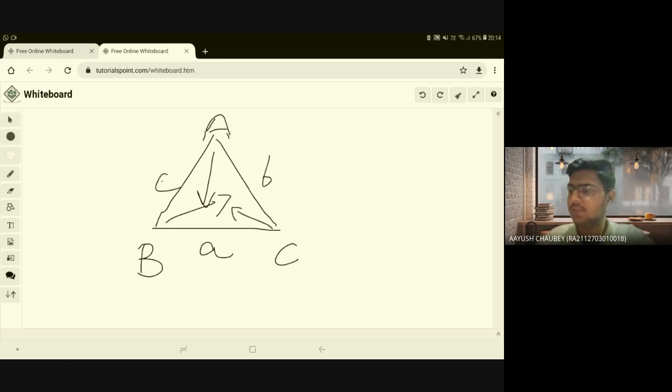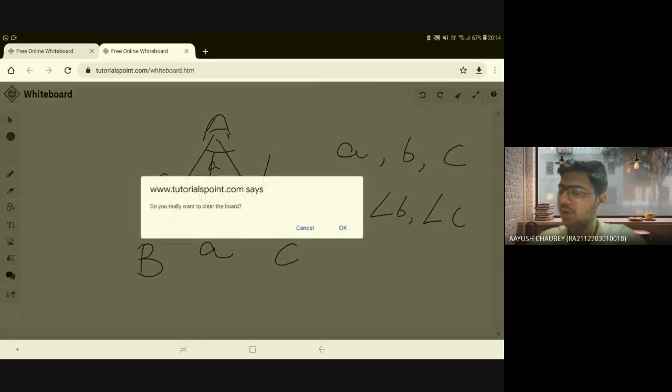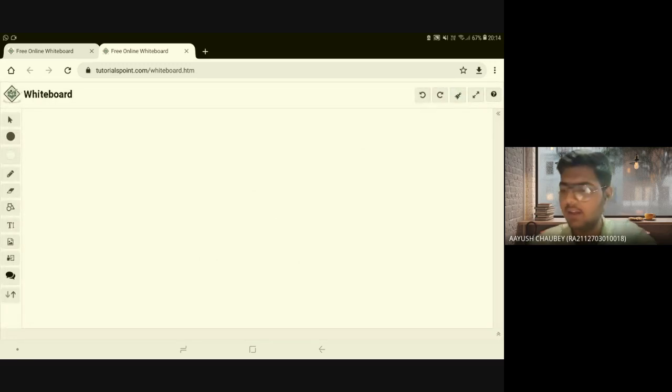The angles would be respectively A, B, C. So in a triangle, we have sides a, b, c, and other than this, we have angle A, angle B, and angle C.